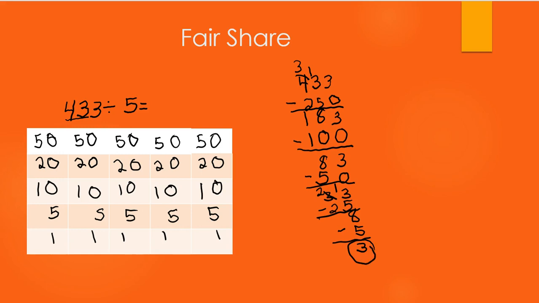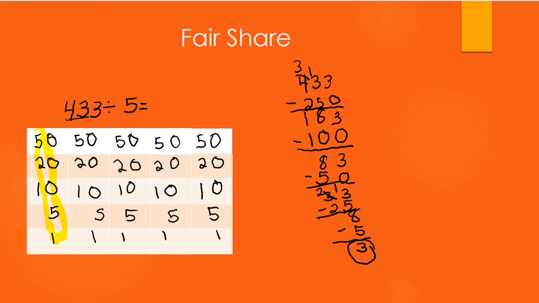Now, how do I find out what is my answer with all these rows? So what I'm going to do is take this first row, or first column, and I'm just going to add those numbers up.